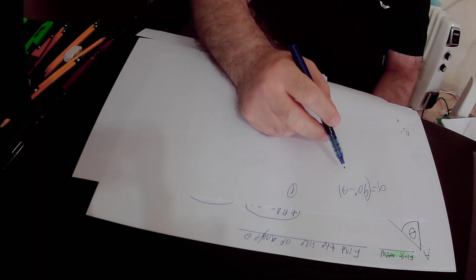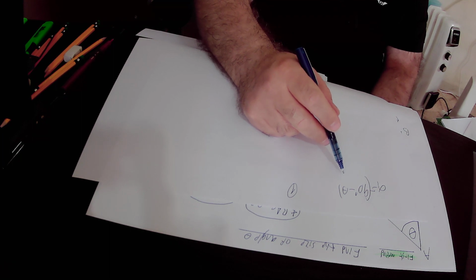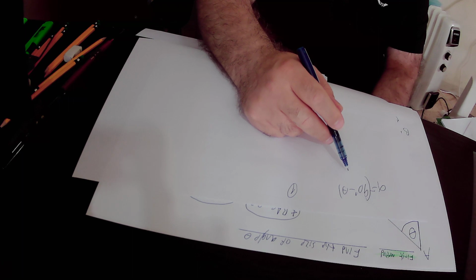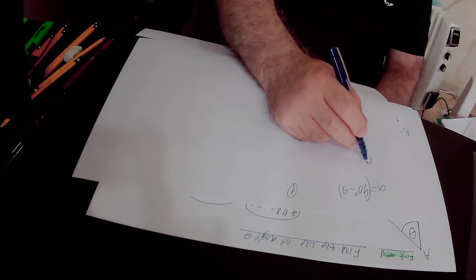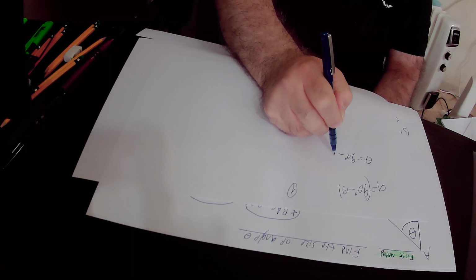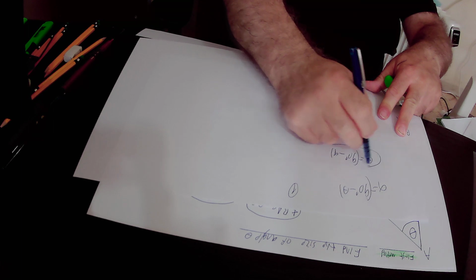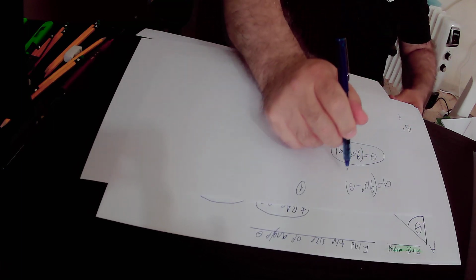Here we will subtract theta from this equation, and we will add theta to this equation, and we will subtract alpha, and we will get that theta equals 90 degrees minus alpha. Okay.